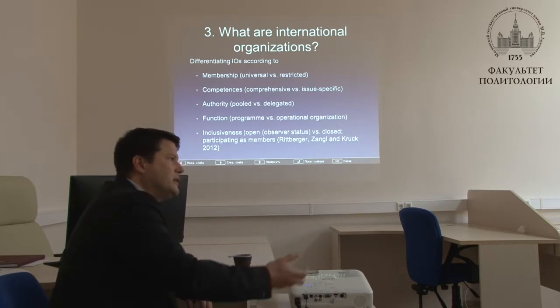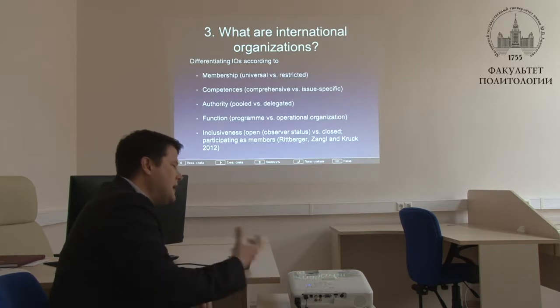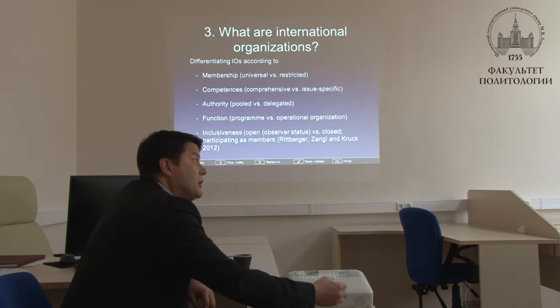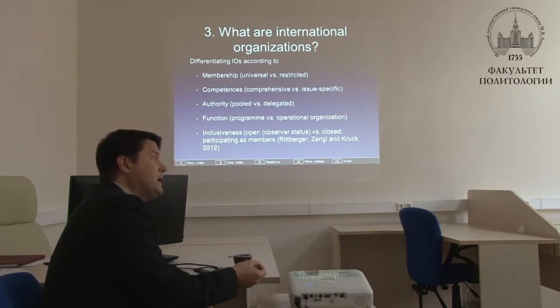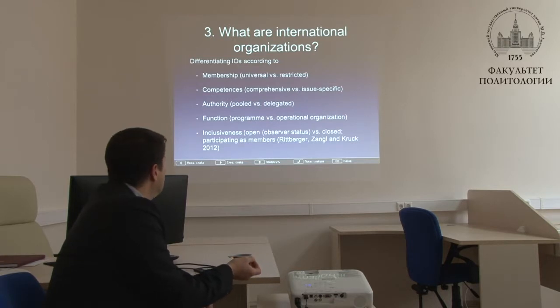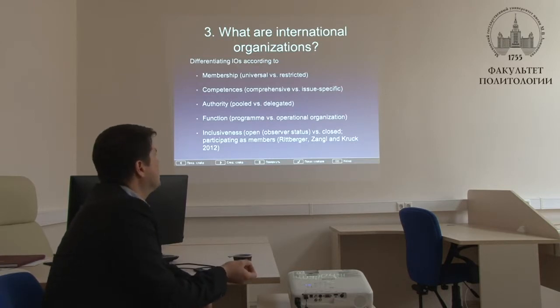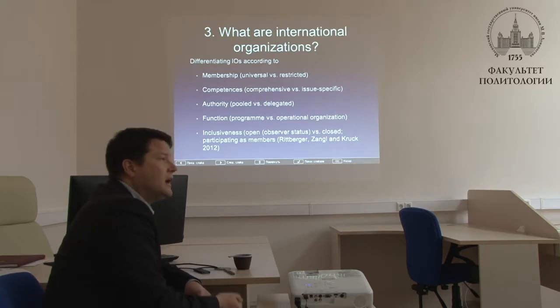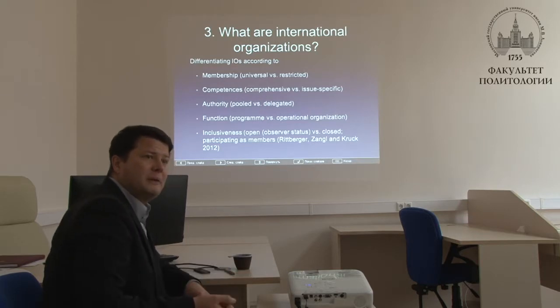So they have a call for tender, these NGOs apply for the money, and then the NGOs carry out the work, but the program behind the work has been developed by the international organization. This is typical for a program international organization. Operational organizations carry out the very operations by themselves.